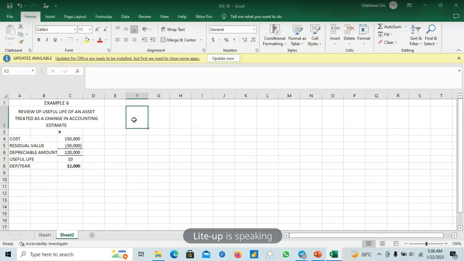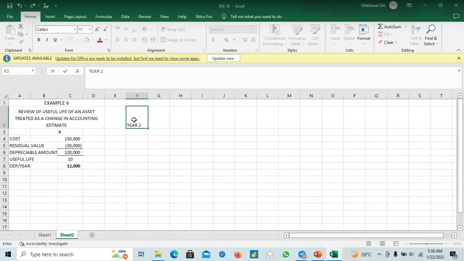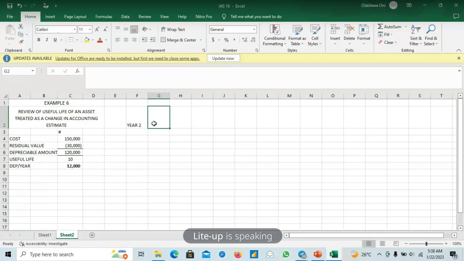So for the number of years, we say year 1, year 2, year 3, year 4, 5, 6, 7, 8, 9.